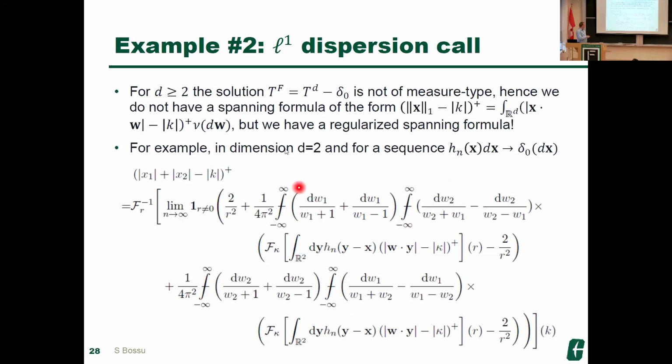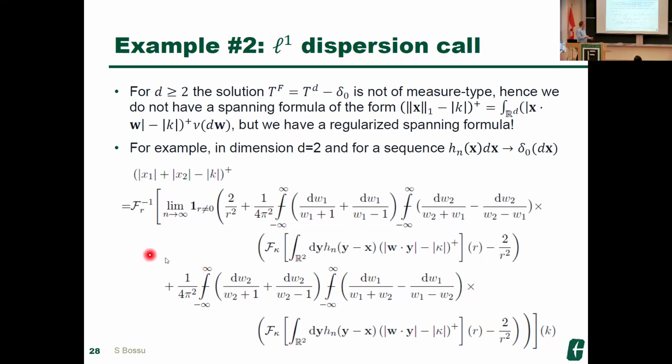But, to see what kind of spanning formula we have, here is the decomposition of the dispersion call in dimension 2. So the payoff is the sum of absolute values of the returns or prices minus the absolute value of k, positive part. And so we get this little convoluted expression, but still it fits in a quarter page.